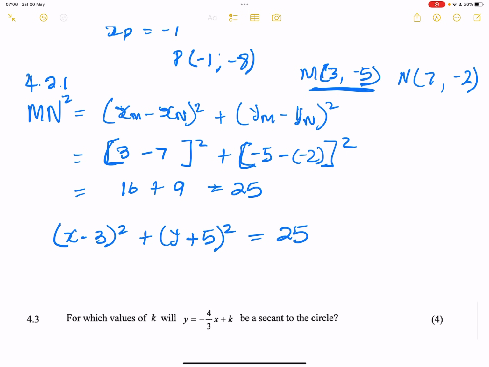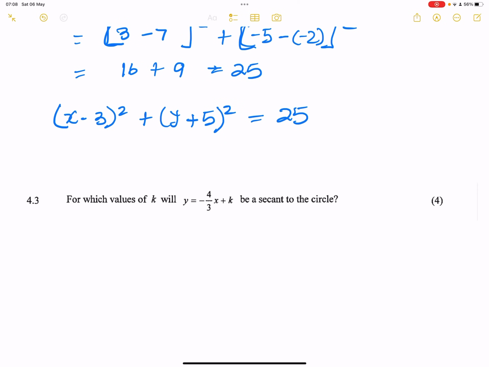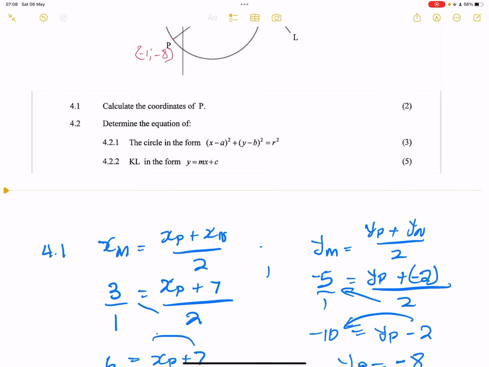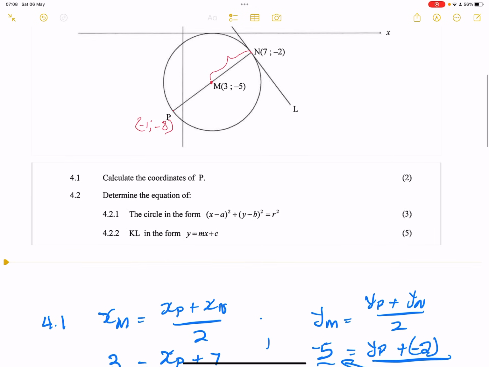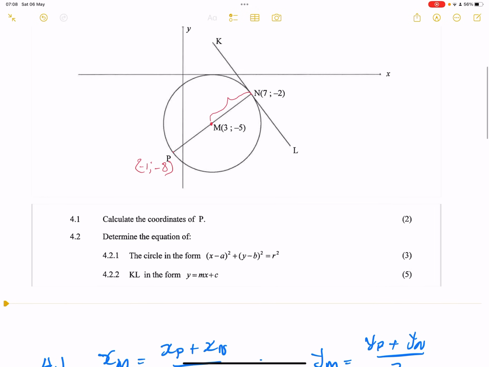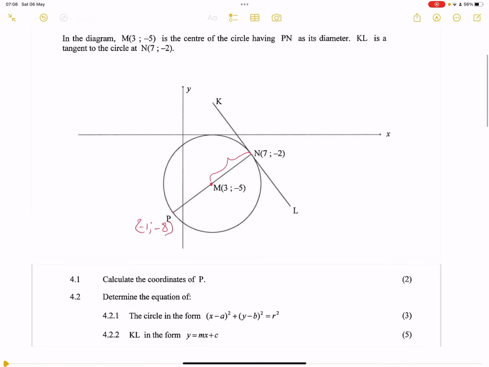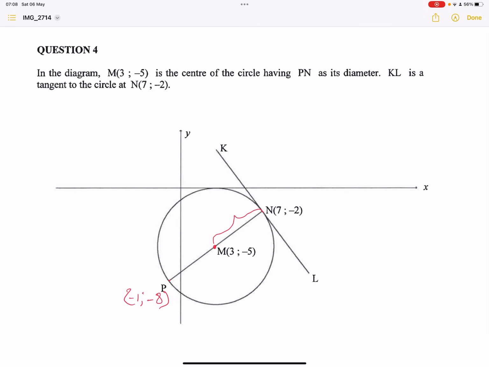Right, so now the next question. They say determine the equation of KL in the form y = mx + c. Now, remember our tangent-radius theorem.